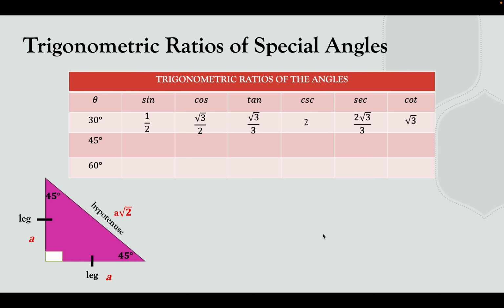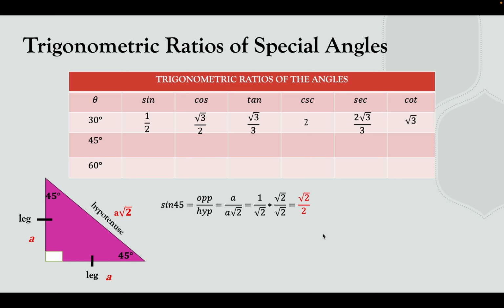So we will also use the illustration for the 45, 45, 90 degrees. So here our legs are a, and then the hypotenuse is a square root of 2. So we can refer to any of the angles since it's 45, 45. So for opposite, you can use a over a square root of 2.